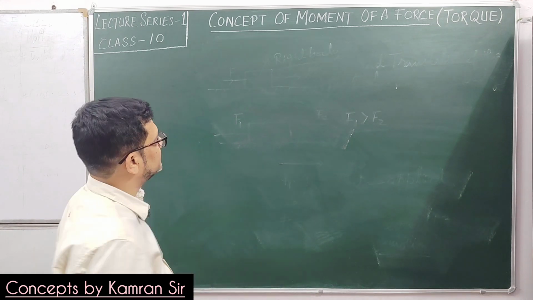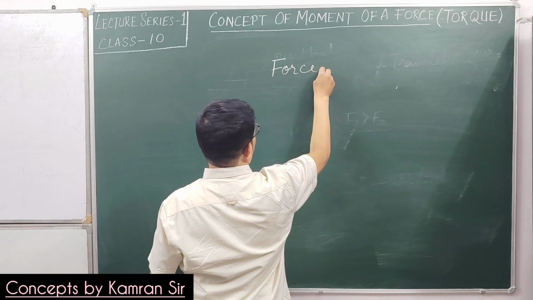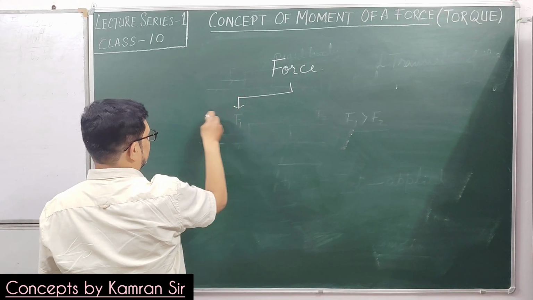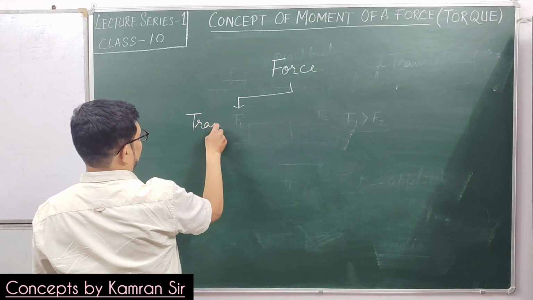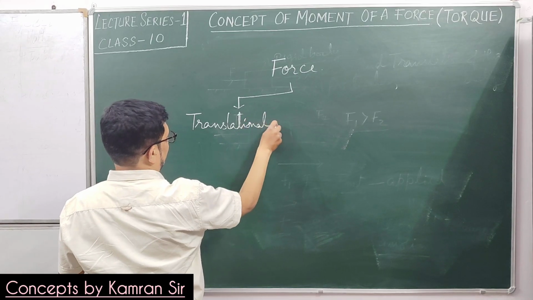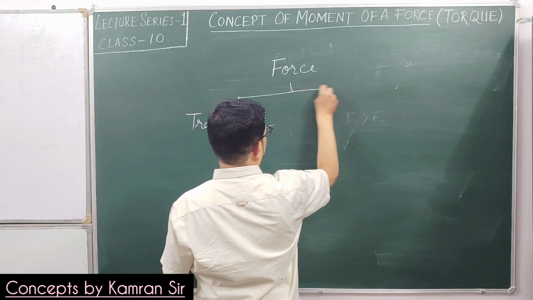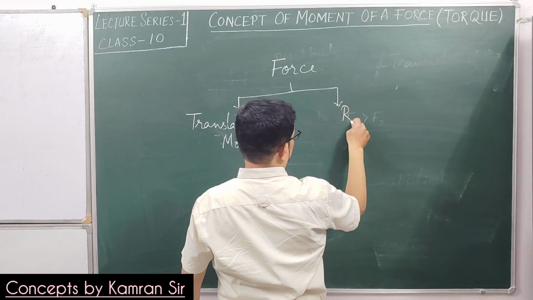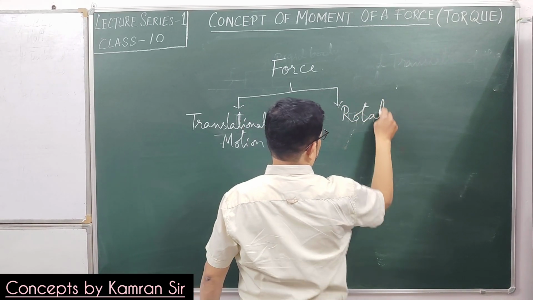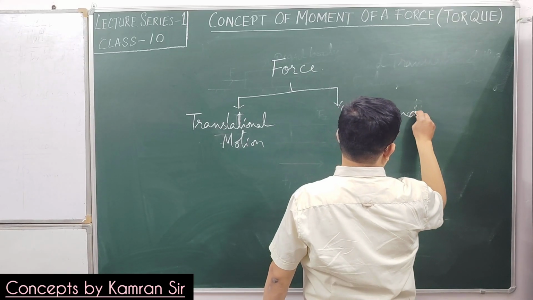So the force that we took as an example in case of translational motion causes translational motion, and it also causes rotational motion. So it can cause both kinds of motion.